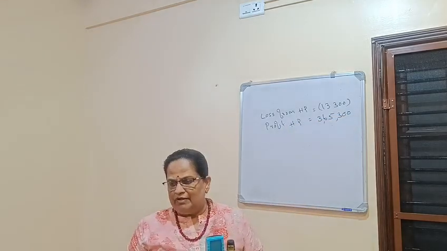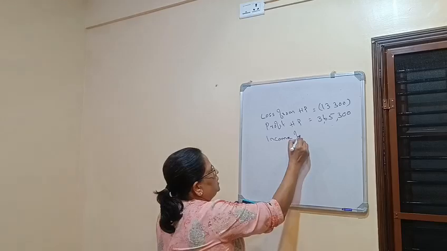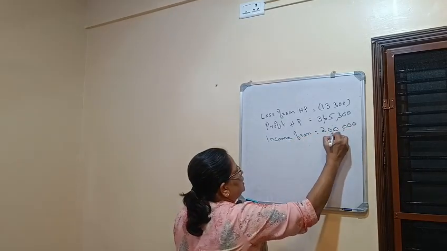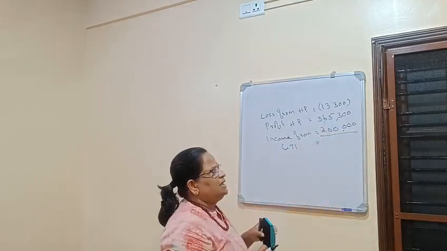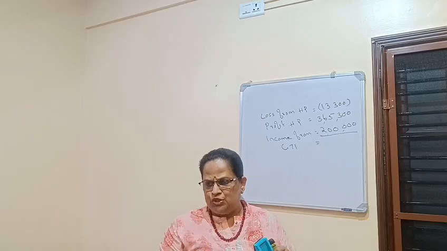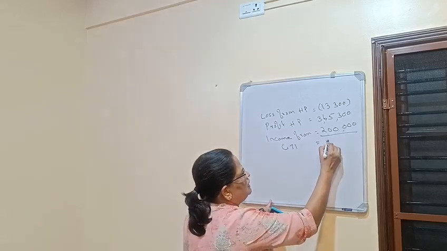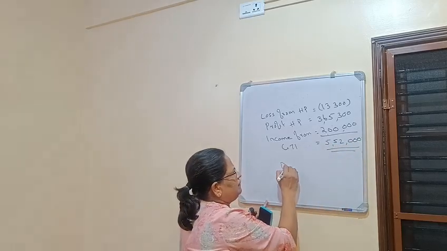Income from other sources 2 lakhs. So gross total income as per the old scheme is 3,65,300 plus 2 lakhs minus 13,300. You will get 5,52,000. Now what will be as per the new scheme?